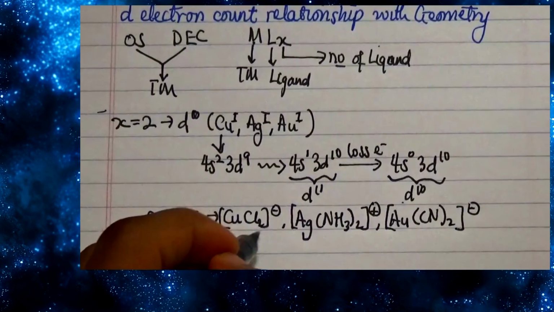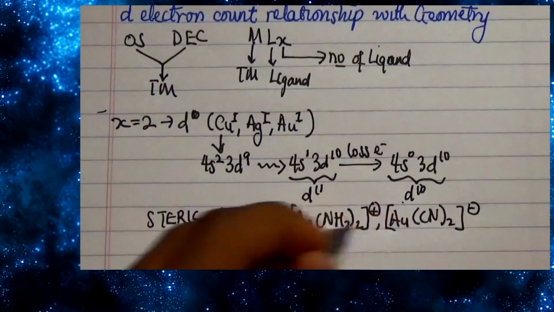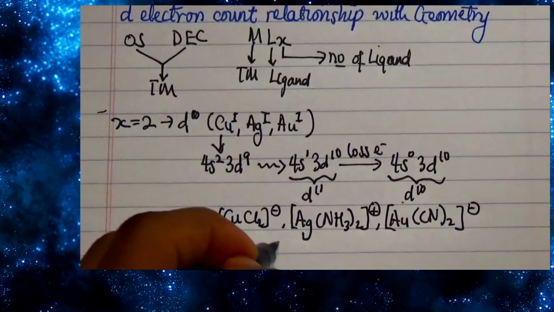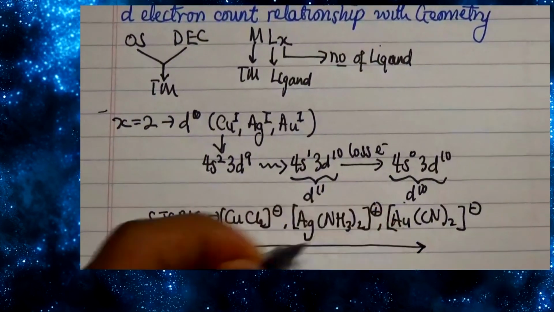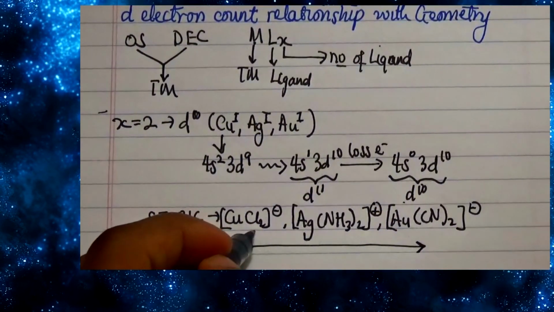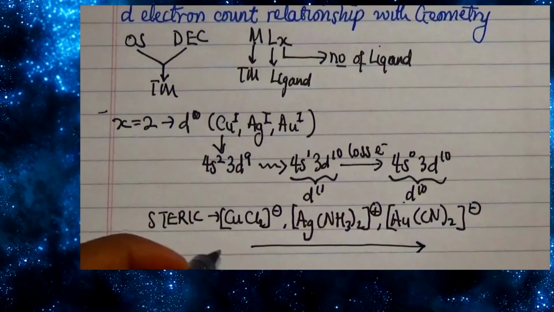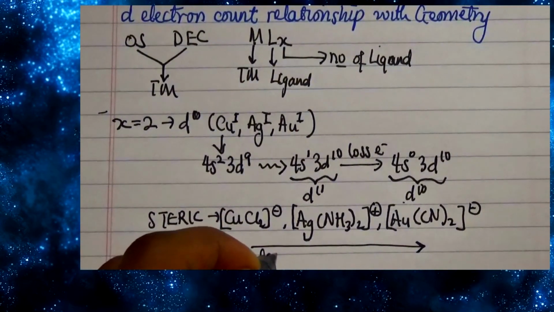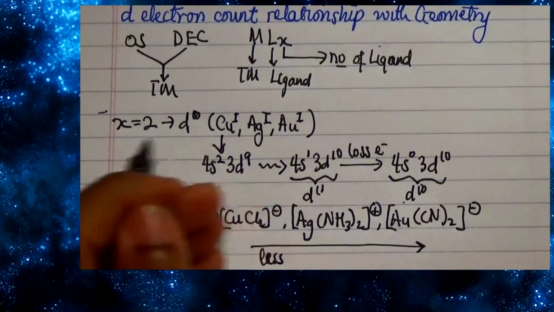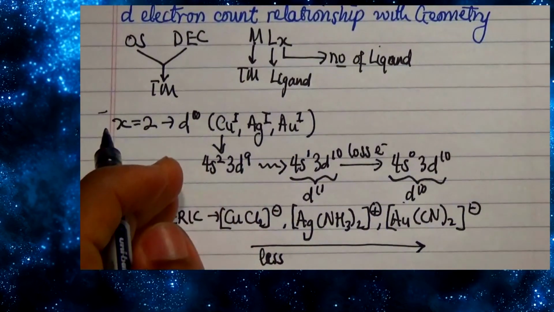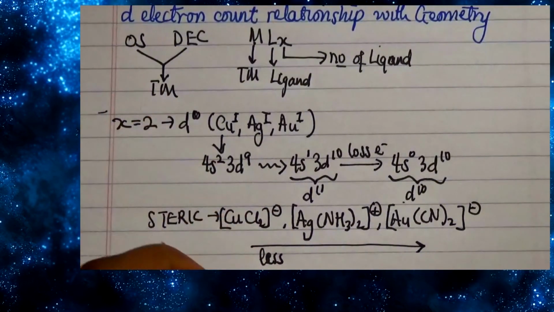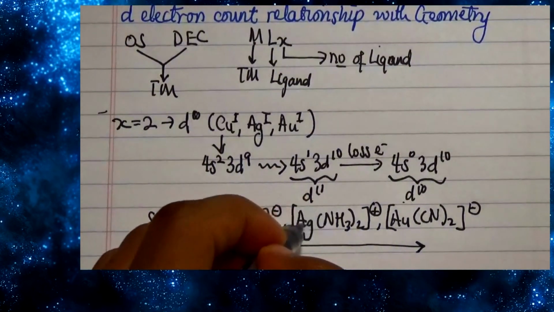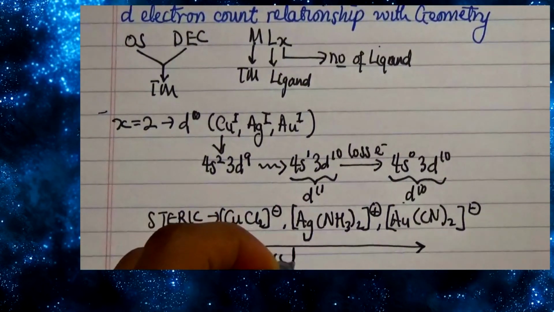Take note that as you go down the group, the ionic radius increases, and as the ionic radius increases, we get less likelihood of favoring a less sterically hindered state with X equals 2 as you move down the group.